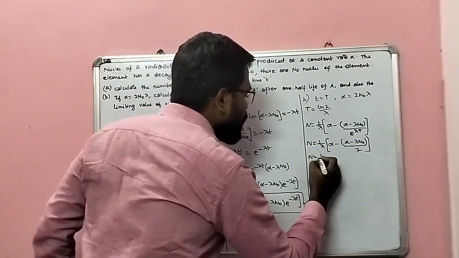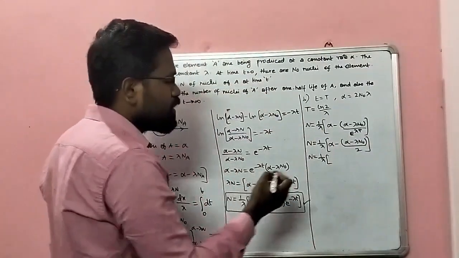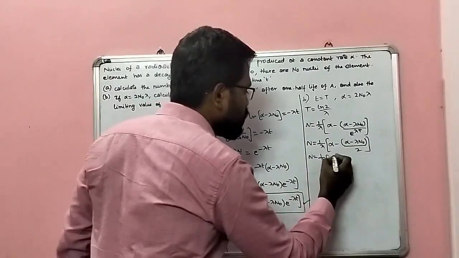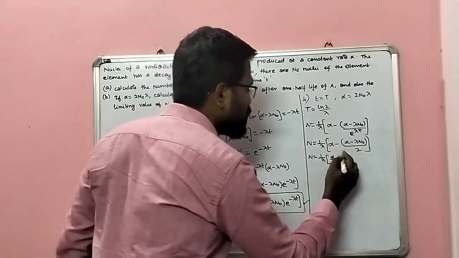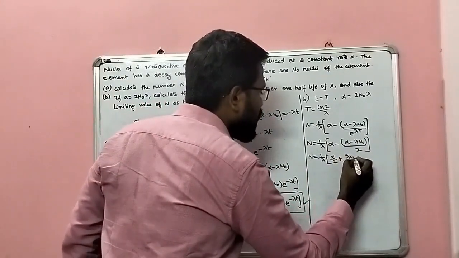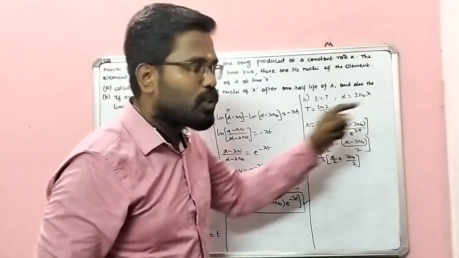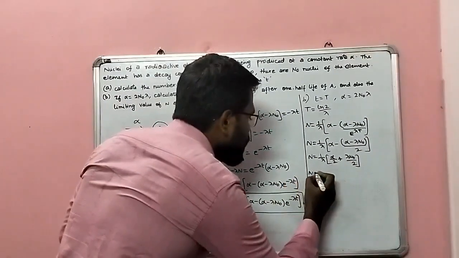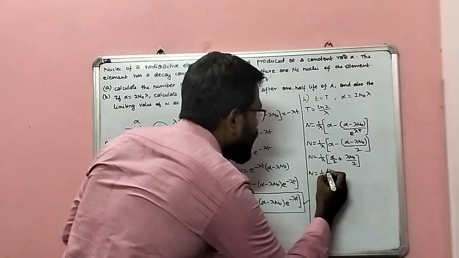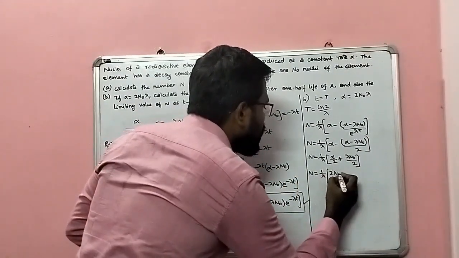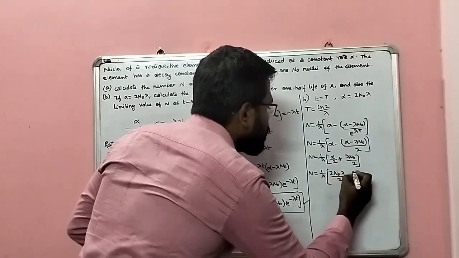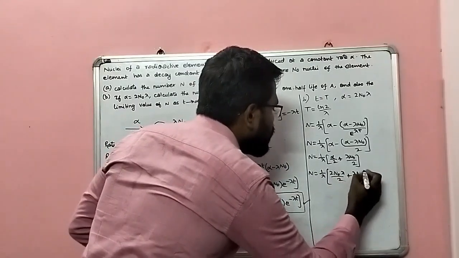Further simplification: alpha minus alpha by 2 is simply alpha by 2, plus lambda n0 by 2. Then if we substitute alpha equal to 2 n0 lambda, n is equal to 1 by lambda times 2 n0 lambda by 2 plus lambda n0 by 2.